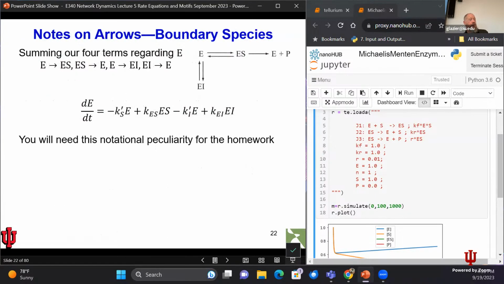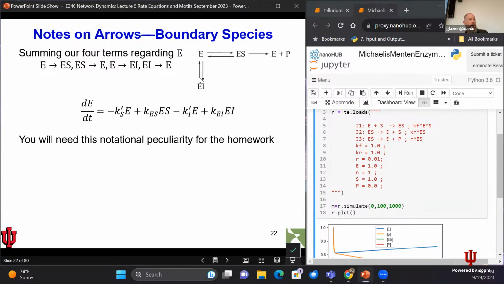And so if I put it all together, I have the total rate of change of E is, I lose it going forward here. I lose it going forward here. I lose it going forward here. I get it back when ES decays.